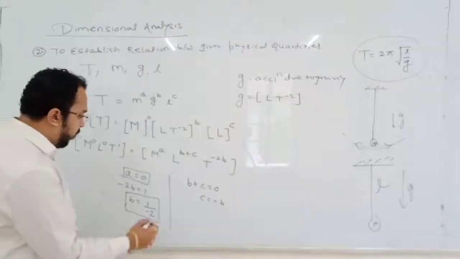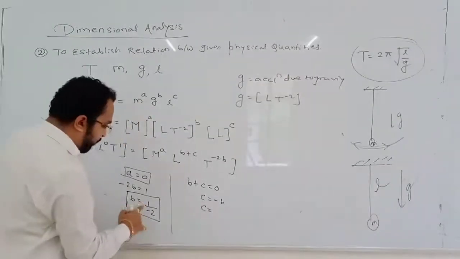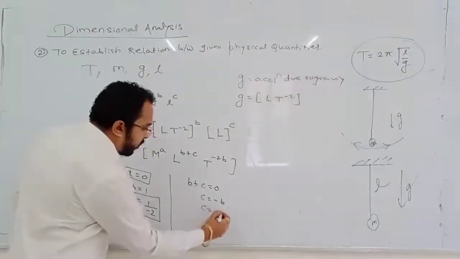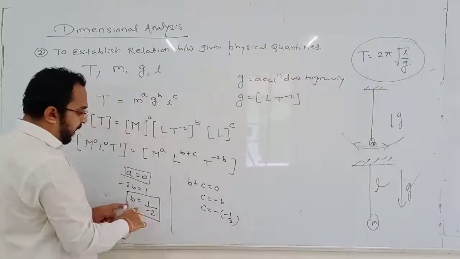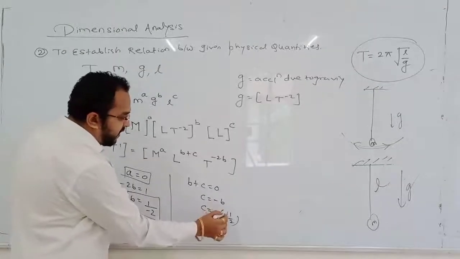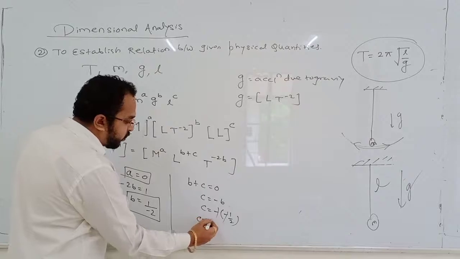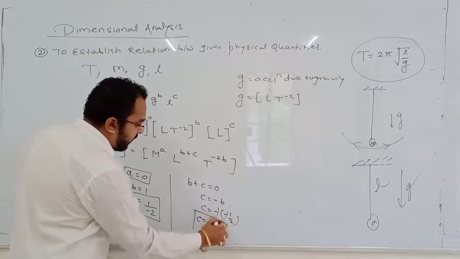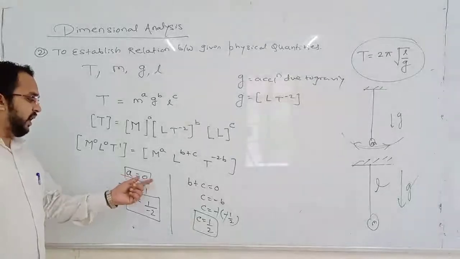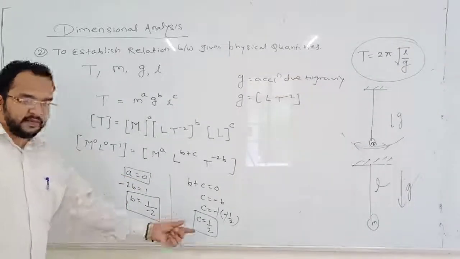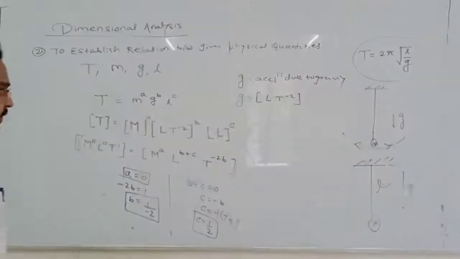Then I will substitute the value of b. What is the value of b? It is -half. So minus sign is already there, and again the value of b is -half. Minus will become plus. So c is equal to half. Now we have all the three values. A is equal to 0, b is equal to -half, and c is equal to +half.